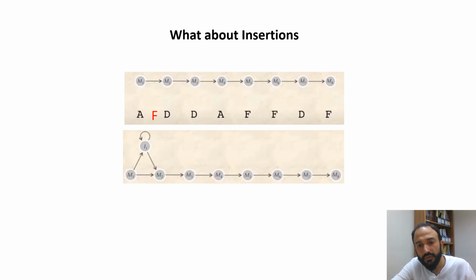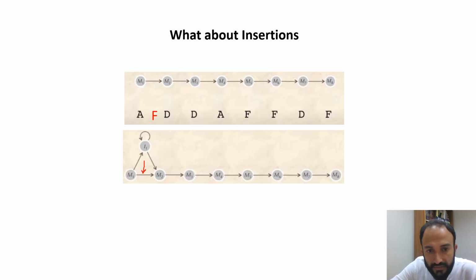For that, after adding the matches at each site, for example from match site M1 to match site M2, 3, 4, 5, 6, 7, 8, there is also a possibility that M1 and M2 can have an insertion between them.